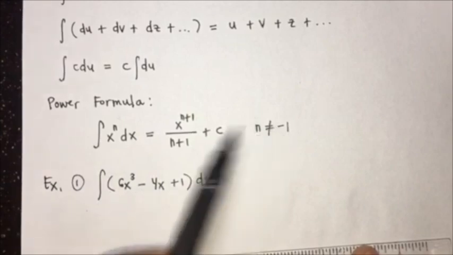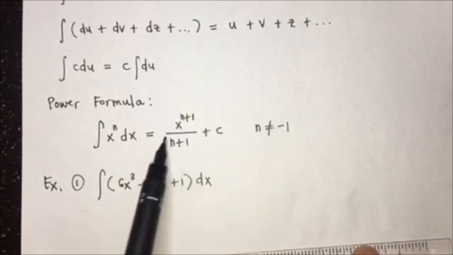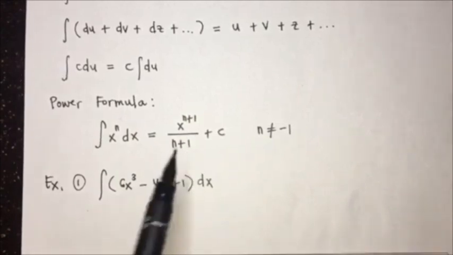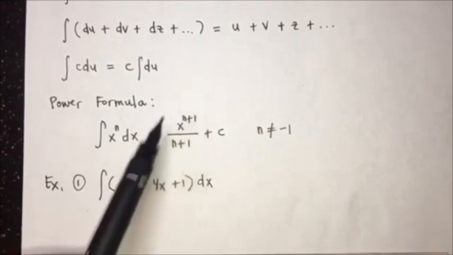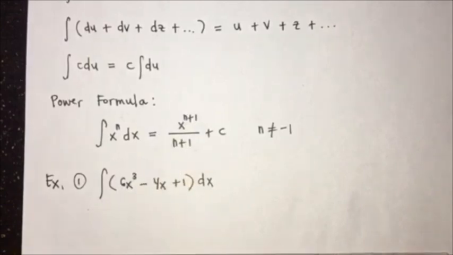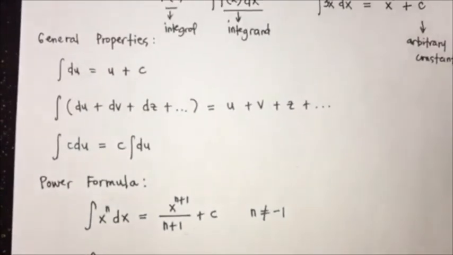Because if n is equal to negative 1, then the denominator will become 0 and the expression will be indeterminate. It's that simple. All we need to do is memorize those properties.